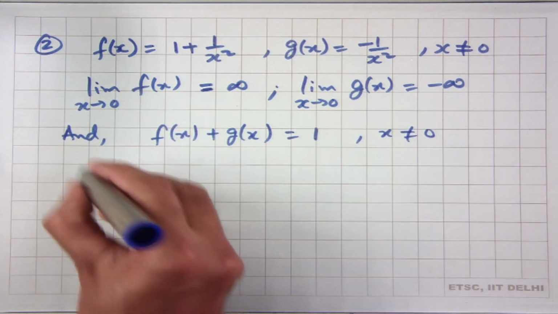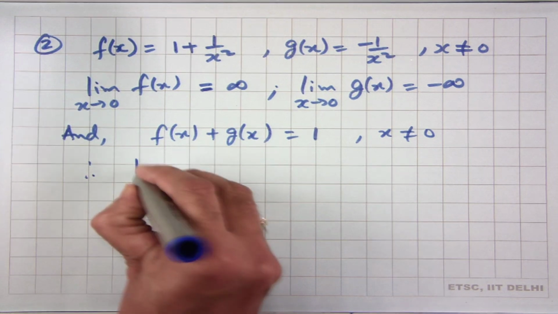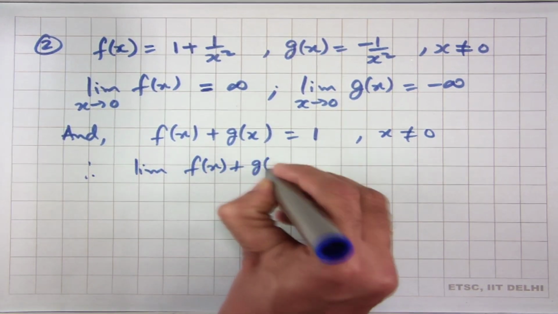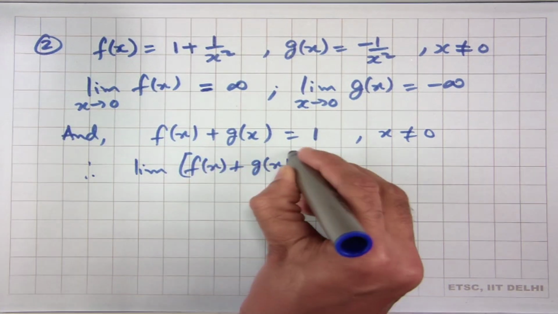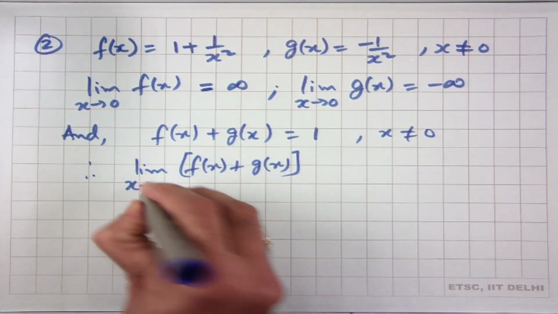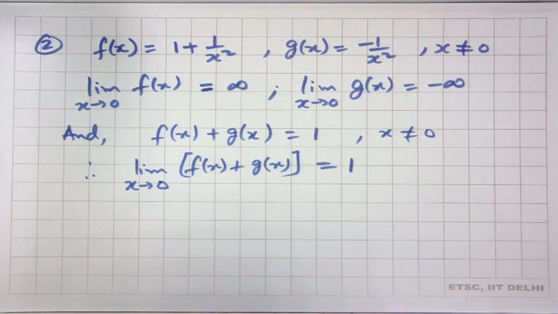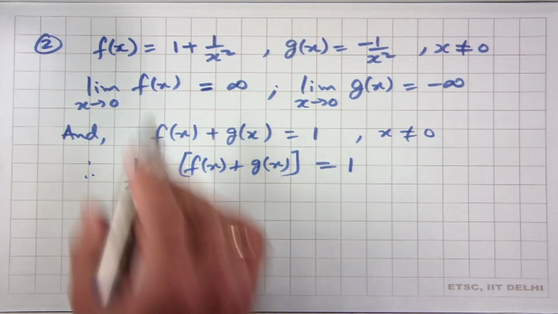Therefore, the limit of f(x) plus g(x) is equal to 1 here, and there is nothing special about 1.